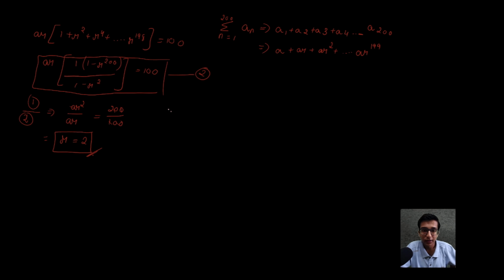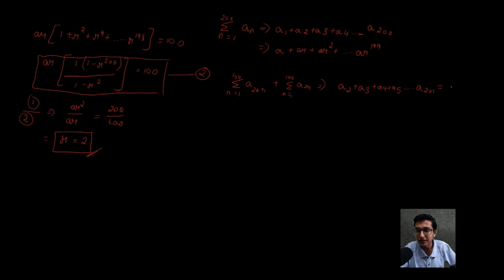That means if we add summation n is equal to 1 up till 100 a 2n plus 1 plus summation n is equal to 1 up till 100 a 2n, wouldn't we get a2 plus a3 plus a4 plus a5 up till a201?